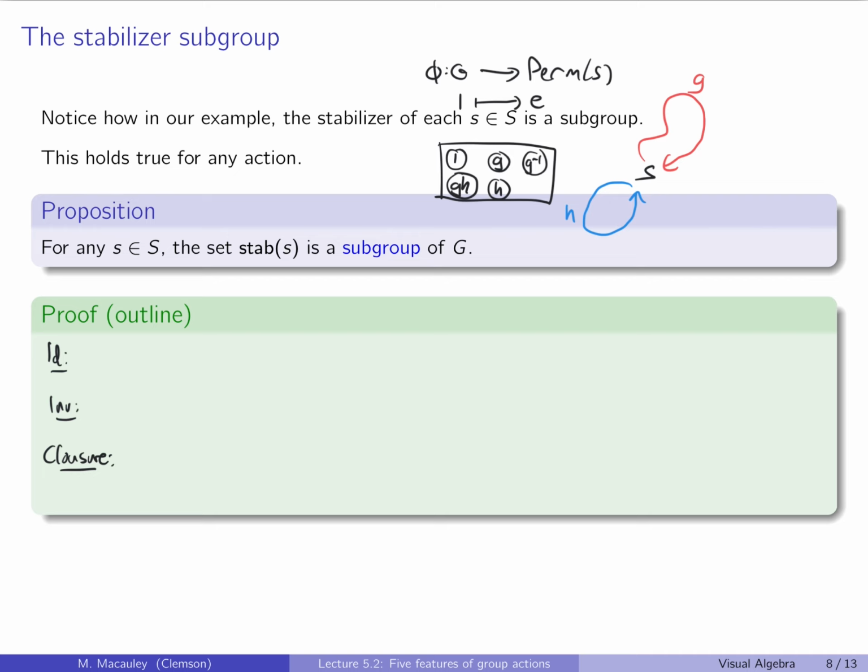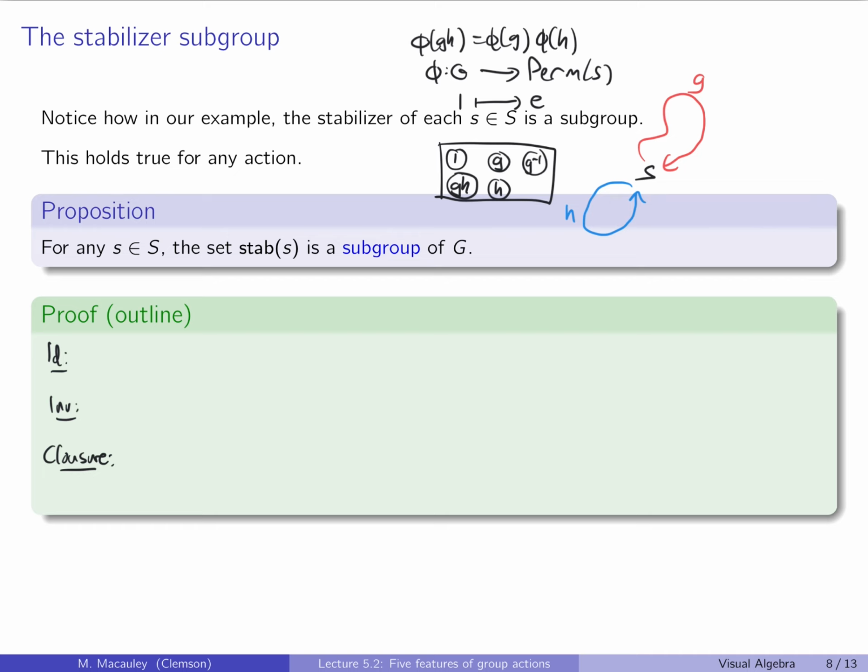Pressing the GH button is the same thing as pressing the G button and the H button, because phi of GH equals phi of G times phi of H. In terms of paths, that means if G is a loop and H is a loop, then so is the concatenation GH.